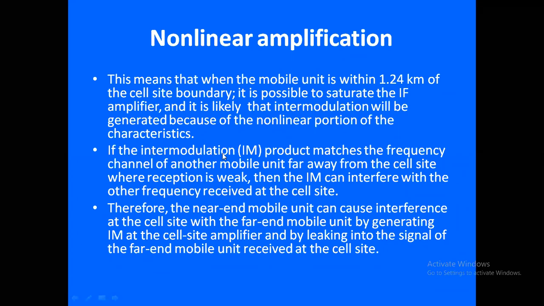If the intermodulation product matches the frequency channel of another mobile unit far away from the cell site where reception is weak, then the intermodulation can interfere with the other frequency received at the cell site.